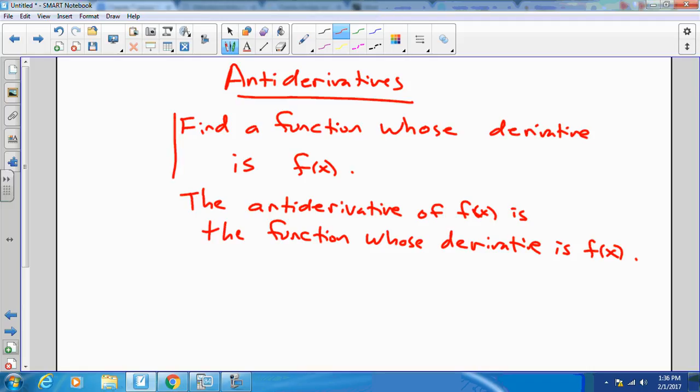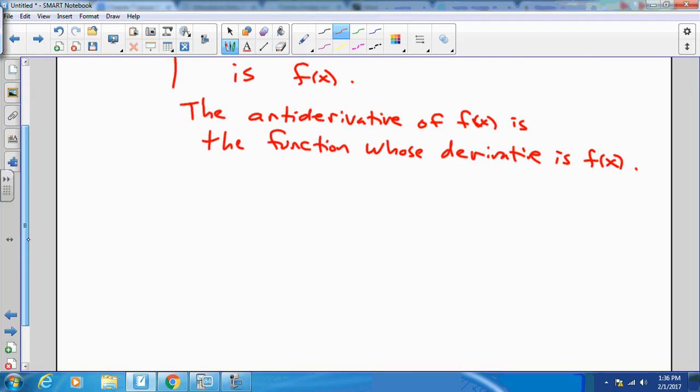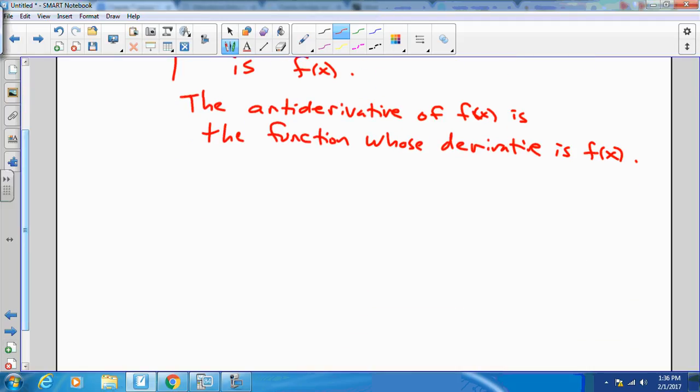Right. And this is the question that the antiderivative is trying to solve.